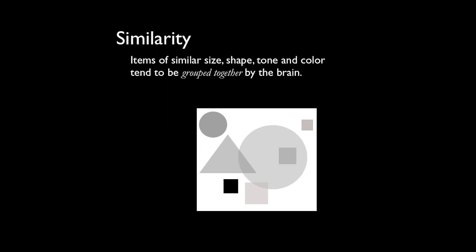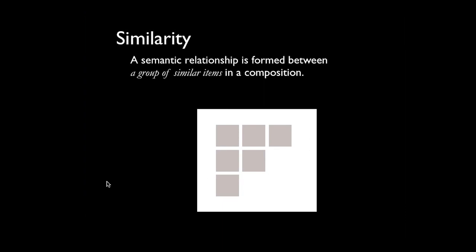Now, similarity has to do with the grouping or selection of shapes or tones or colors or sizes that are similar. So our mind's going to find the things that are most similar and put them together, in terms of qualities like tone and color and shape and size.